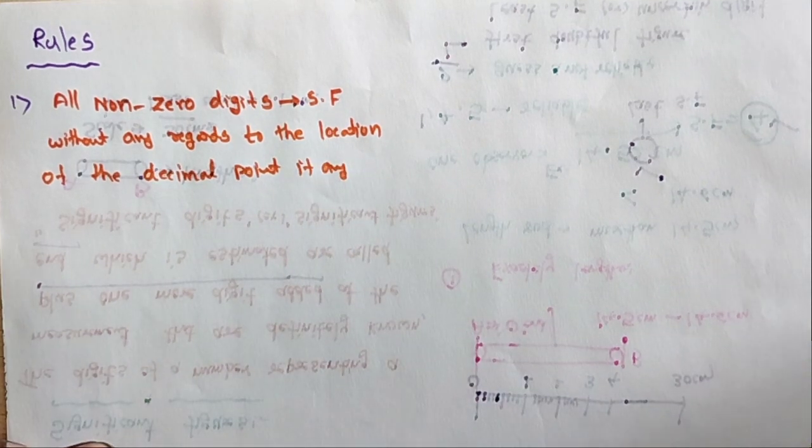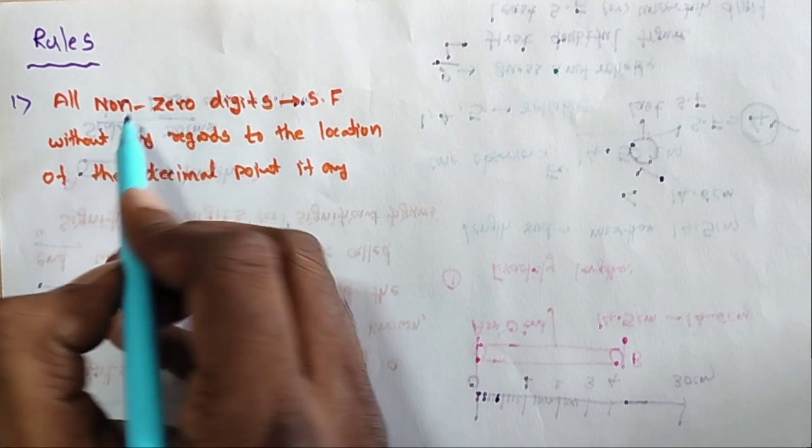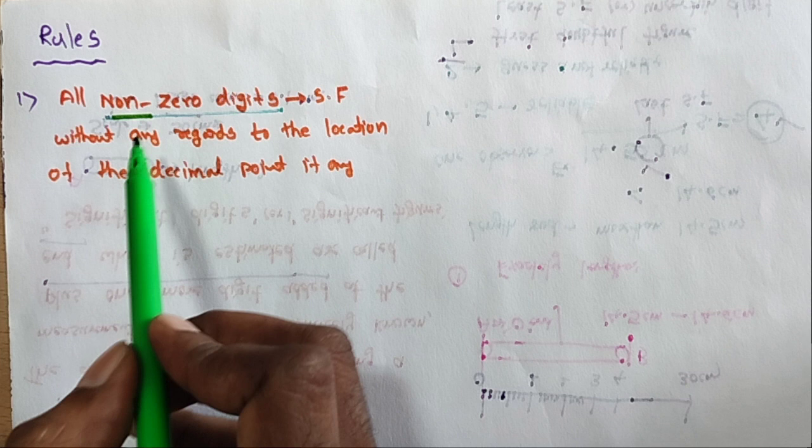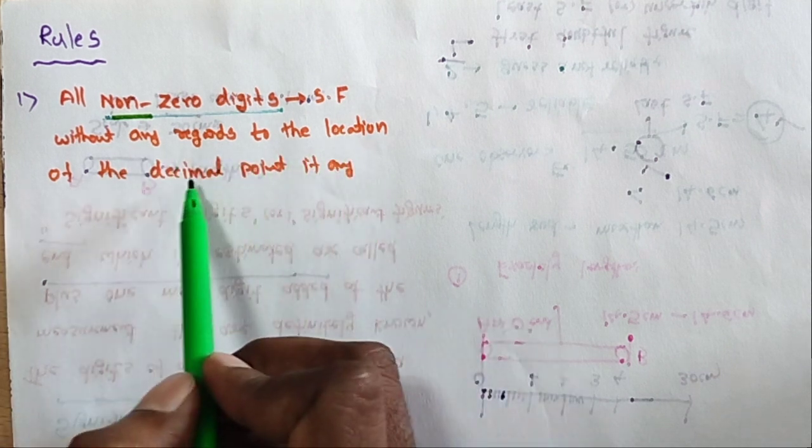What is the first rule? All non-zero digits are significant without any regard to the location of the decimal point.